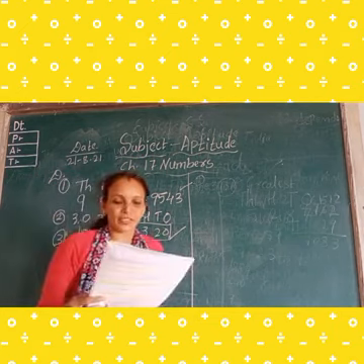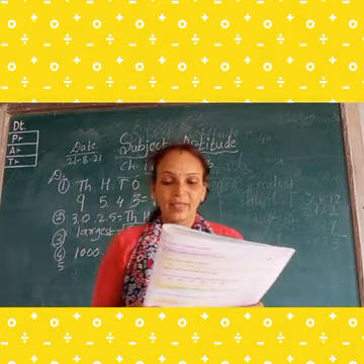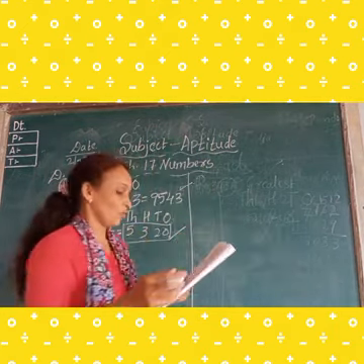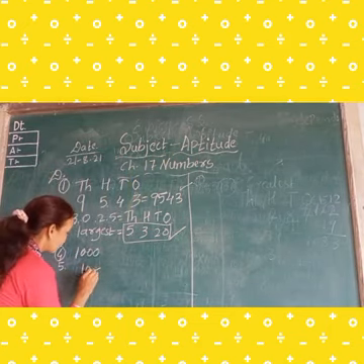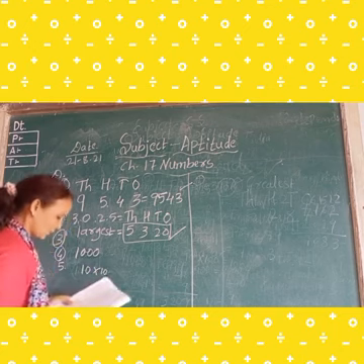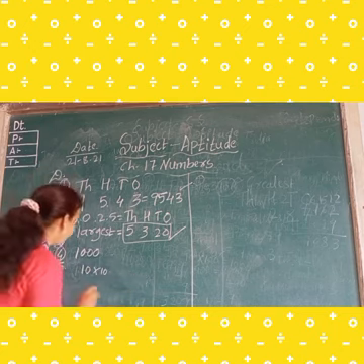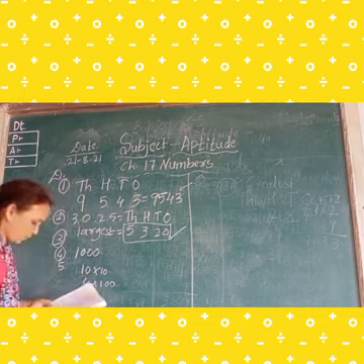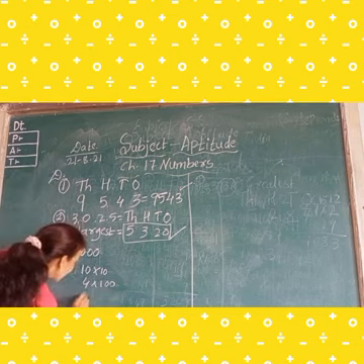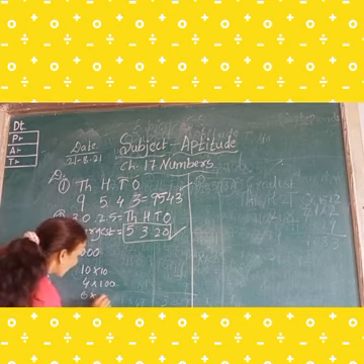Fifth one. Find the number which is equal to 10 tens, 4 hundreds and 6 ones.